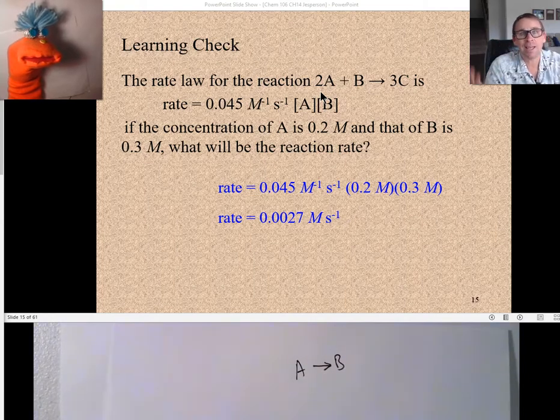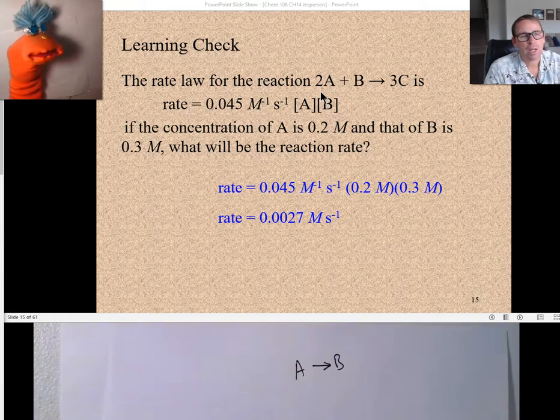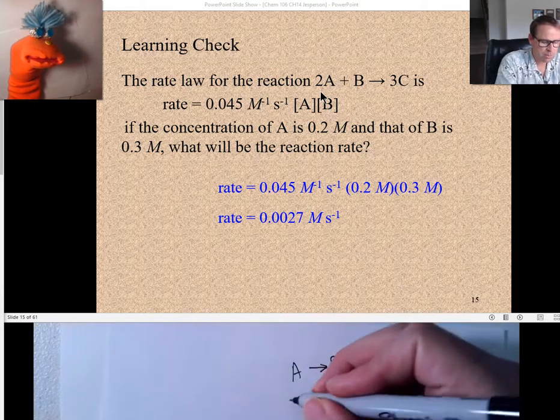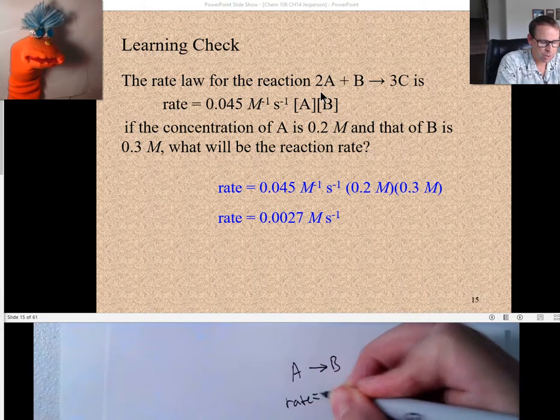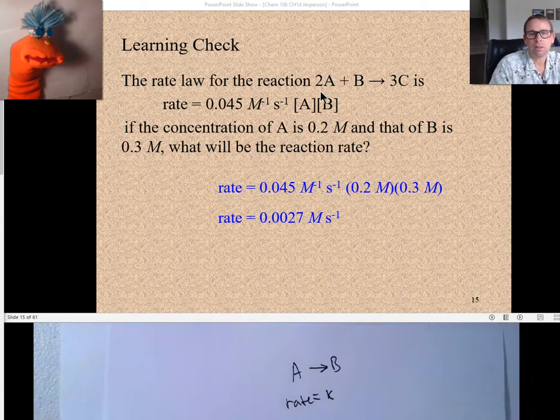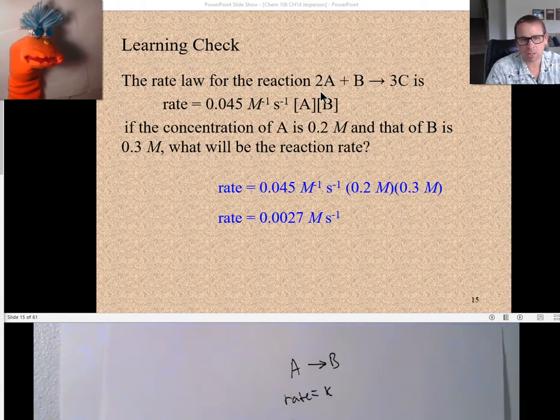It's just decaying to B, decomposing, right, to B. And so the rate law for this would just be rate equals k, and that's it. The rate is not dependent on the concentration of A necessarily. And so the rate would just be equal to your k value.